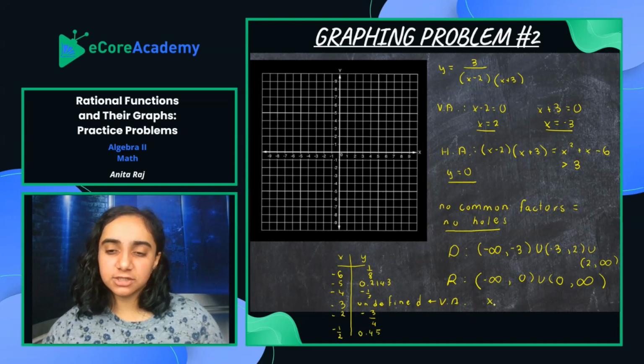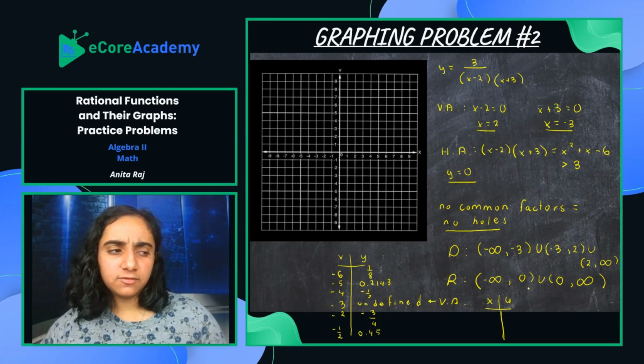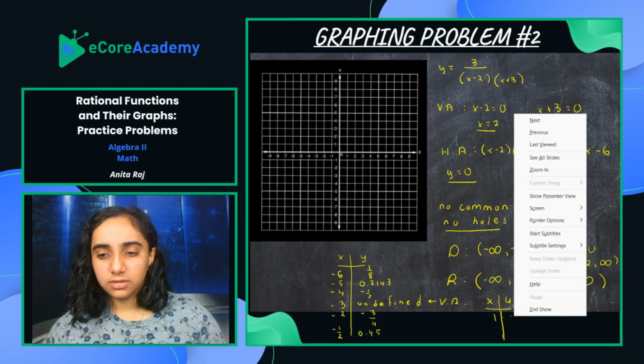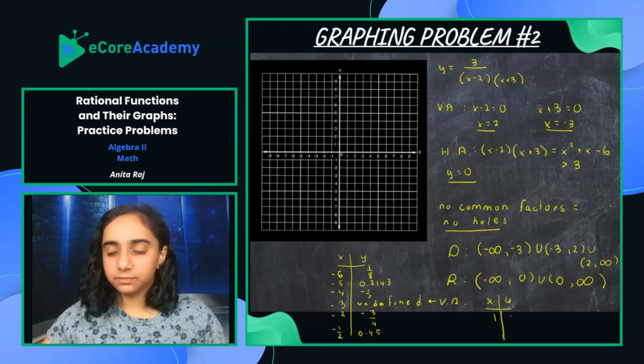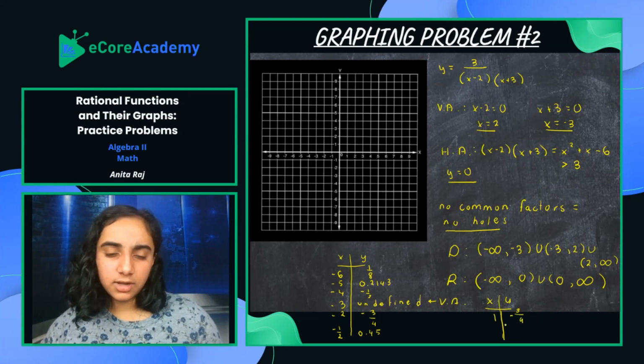I'm going to continue this xy table over here because there are a few more points I want to plot. At negative 1/2, then at 1 we're going to have negative 3/4. At 2, we have our vertical asymptote, so it's undefined at 2.